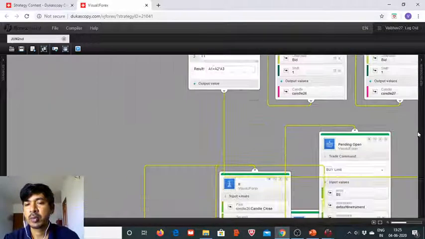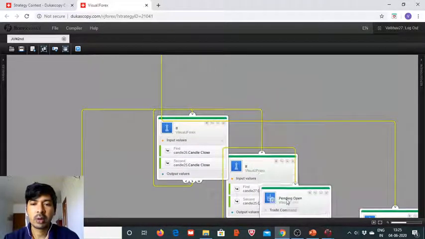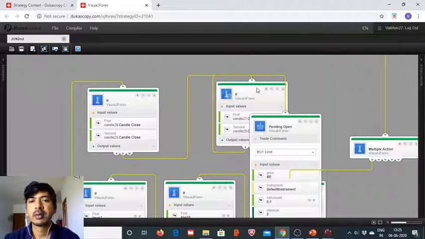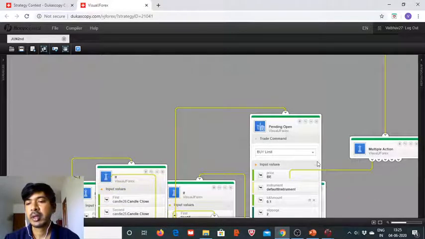Now is the time to take these blocks where they belong. Here we have done the defining of parameters for the buy side.